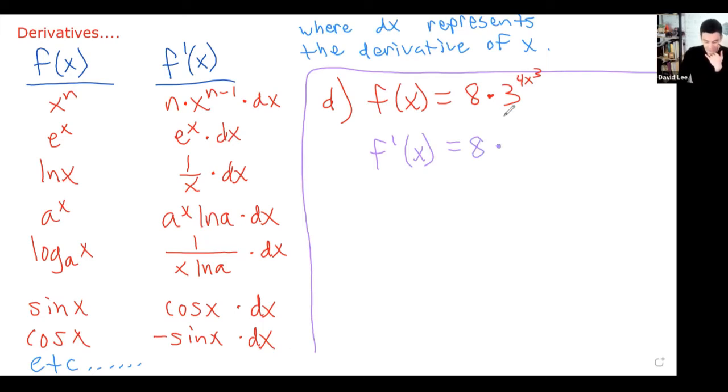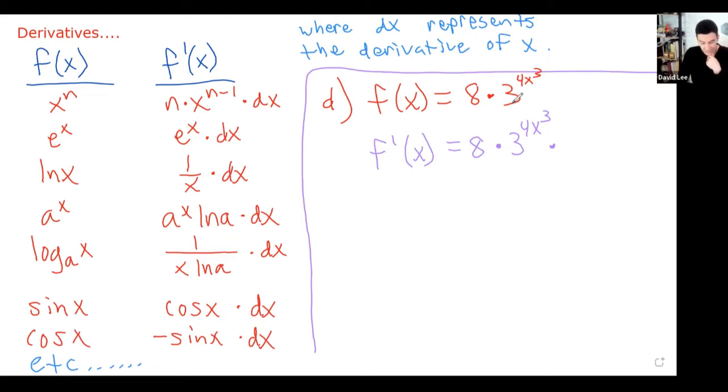Now let's find the derivative of this object here, which looks just like a to the x. The derivative of a to the x is, first of all, itself as is. So that'd be 3 to the 4x cubed times natural log of whatever is playing the role of a.